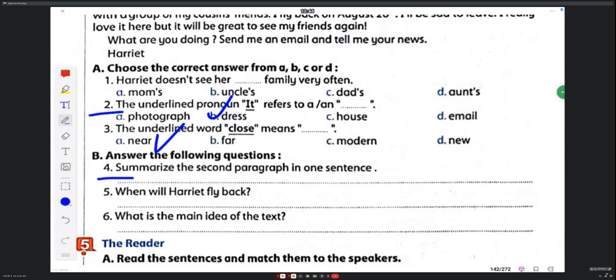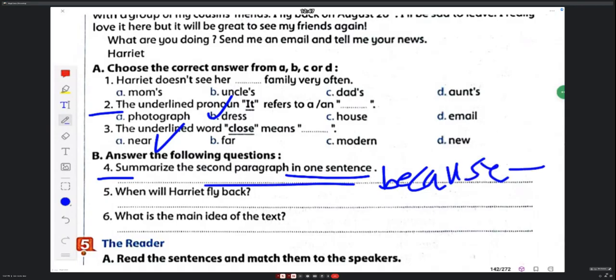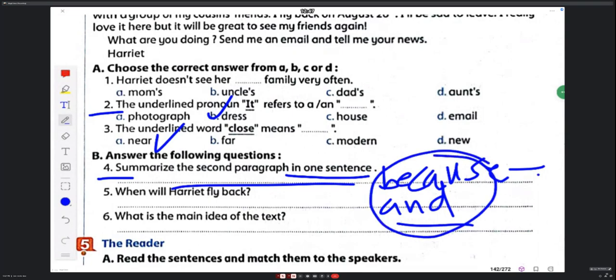When I summarize, I give him a sentence: a subject, a verb, and a completion. Sometimes I use because and although and so on to give another idea in one sentence also. So I can use a conjunction to give more ideas in one sentence instead of writing two sentences.